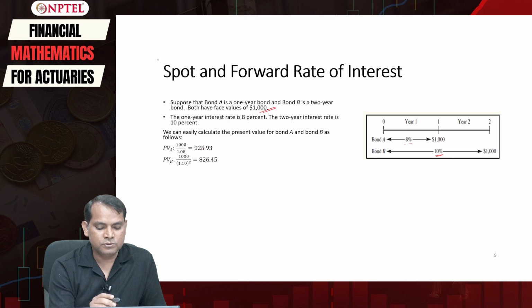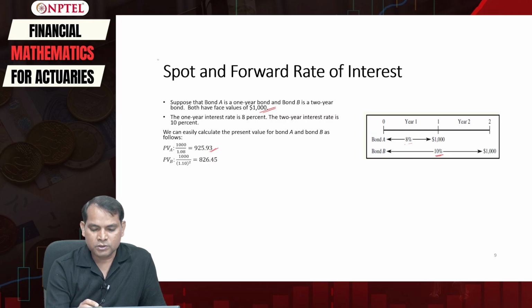Solving it, 1000 divided by 1.08 is equal to $925.93, rounded to two decimals. Similarly, we will compute for the 2-year bond, where the interest rate is 10%.